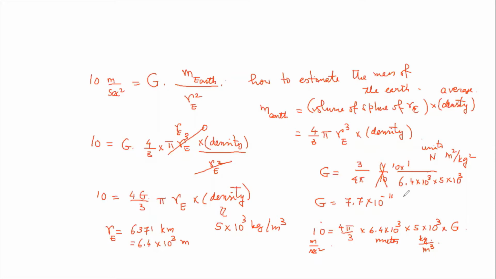It's Newton meter squared per kg squared. Actually, the accepted value is 6.6 times 10 to the minus 11. So we're quite close.